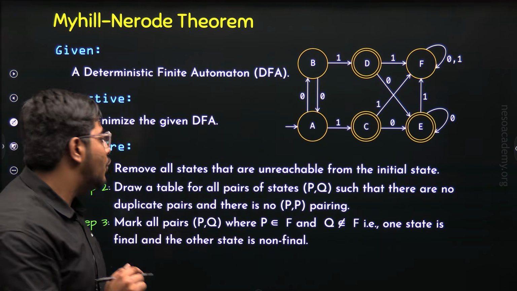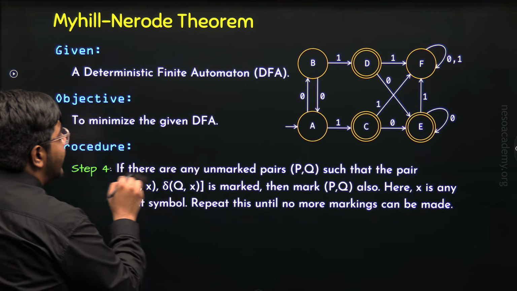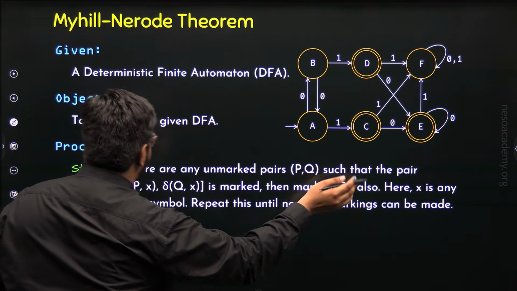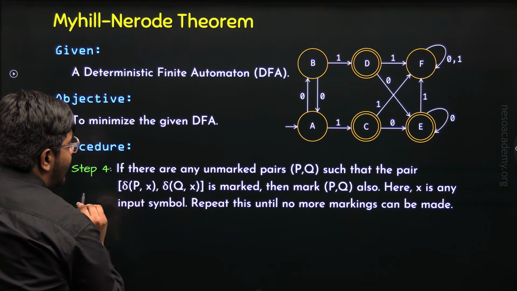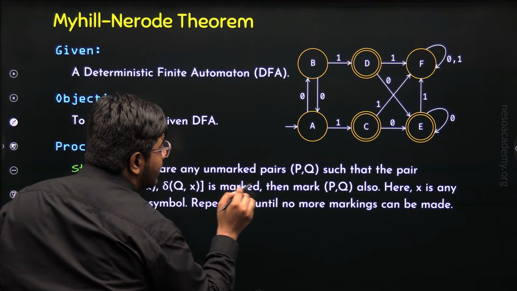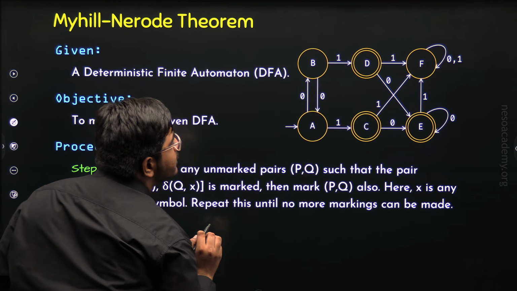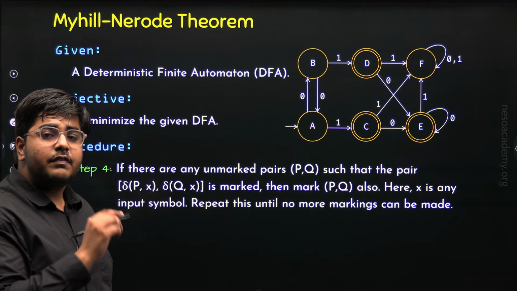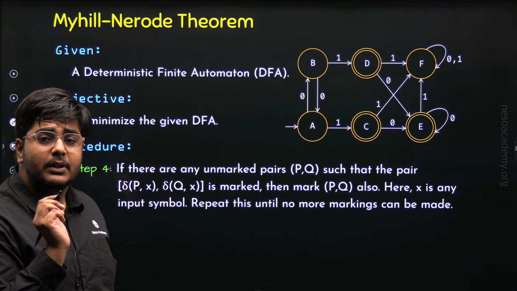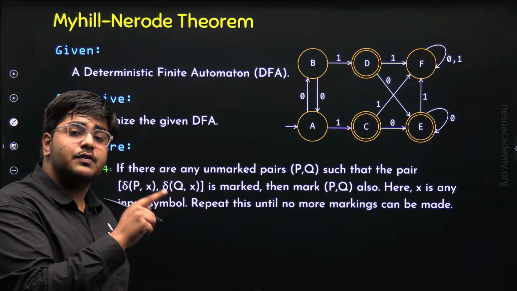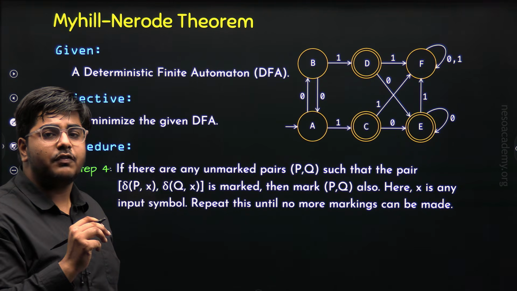Let's see step number 4. If there are any unmarked pairs P, Q such that the pair delta(P, X), delta(Q, X) is marked, then mark P, Q also. What does that mean? In step number 3, we have marked the entries in the table for the pairs in which one state is final and one state is non-final.